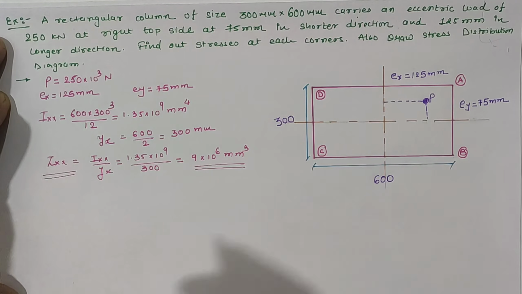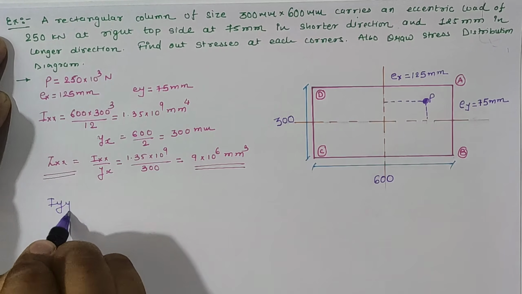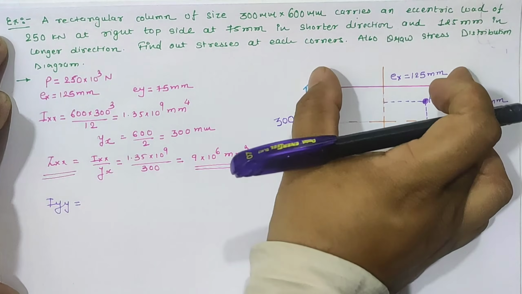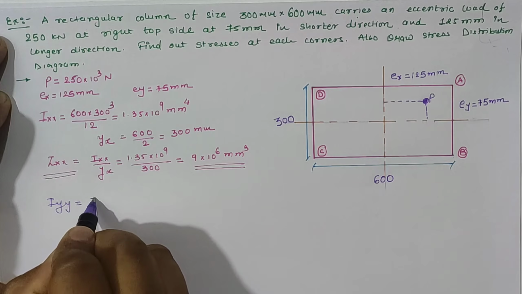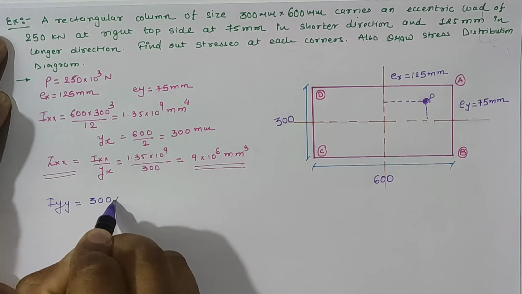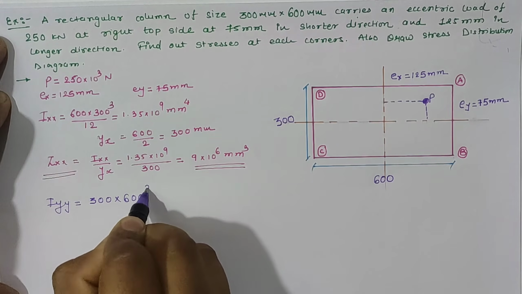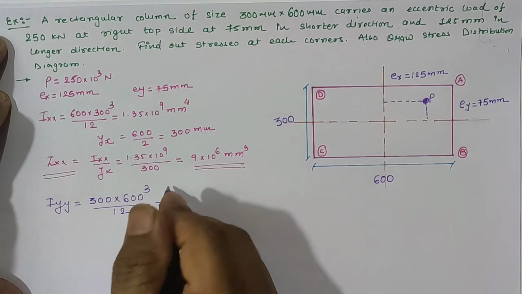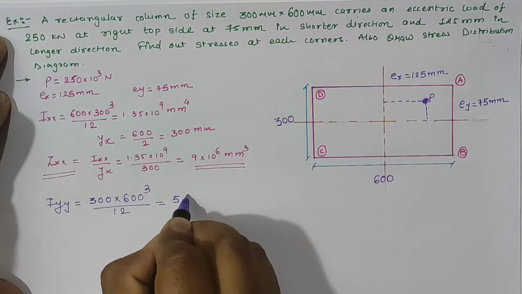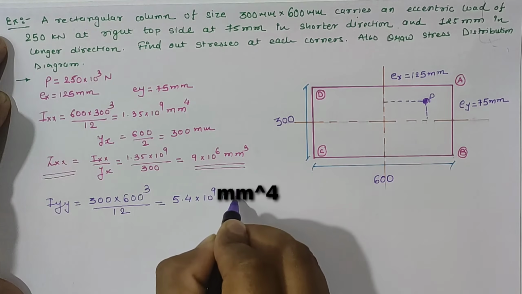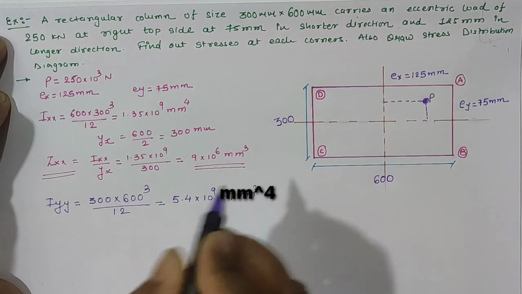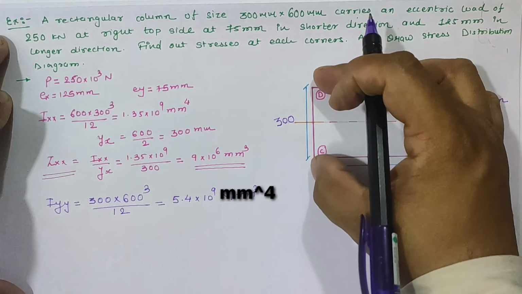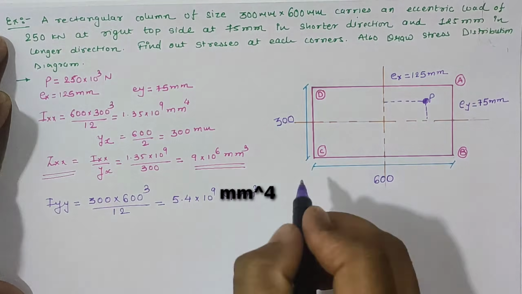Now going ahead for the Iyy, our value is d b cube by 12. So d as 300, b as 600 cube divided by 12, hence Iyy value is 5.4 into 10 raised to 9, and for extreme fiber distance Yy, which is 300 by 2.